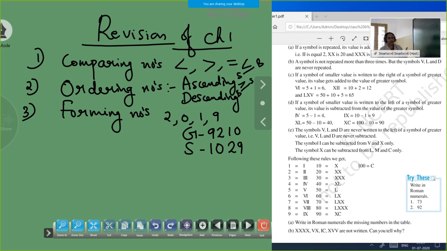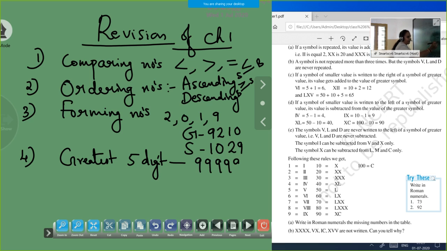Okay? This also we have done. Then the fourth one is the largest 5-digit number and the largest 6-digit number. What is the greatest? That all we have learned. If they ask for the greatest 5-digit number, we know that it is 9, 9, 9, 9, 9.